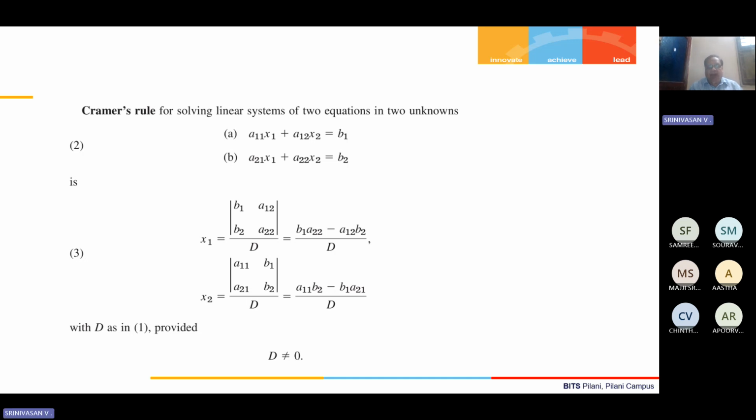So this you can extend to three unknowns also. So look at this. That's what the same thing is given. X1 is actually D1. This is your D1.